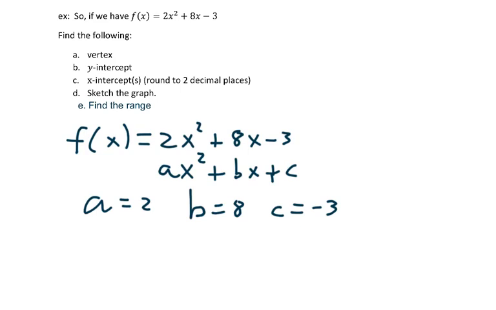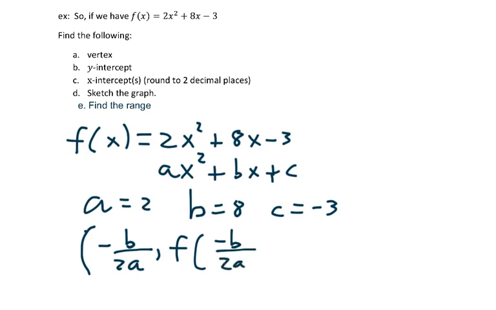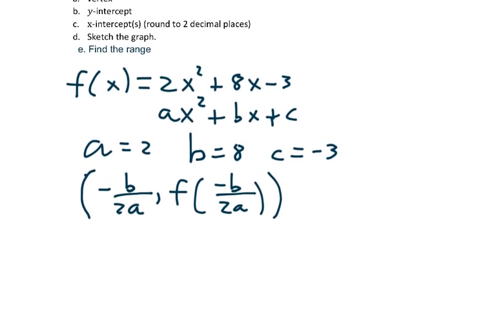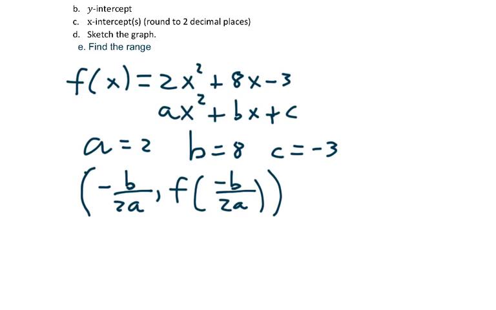Okay, so now that we have that, let's get the vertex. So the vertex, remember, has coordinates negative b over 2 times a, and then you do f of that. As you can see, a here, of course, is not 0, so it makes sense to do this.